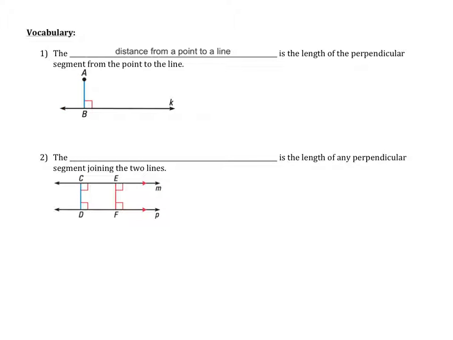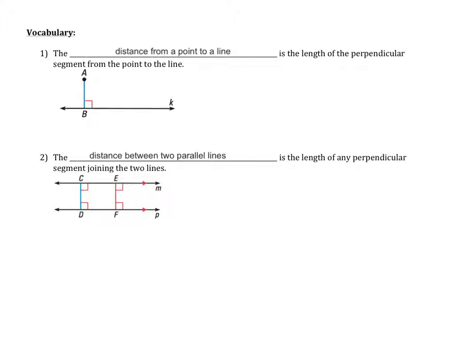The next phrase is the distance between two parallel lines is the length of any perpendicular segment joining the two lines. So by looking at this diagram, I have line M and line P that are parallel because they're marked as such.